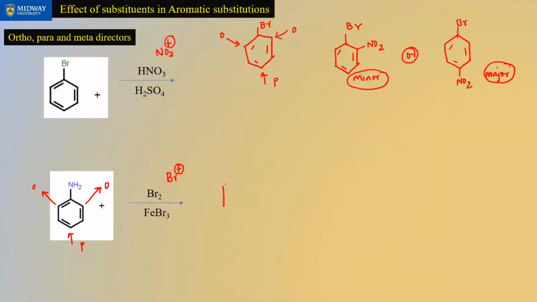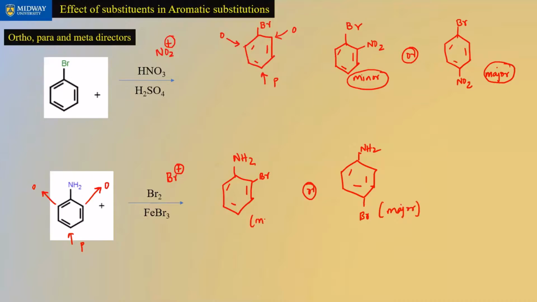So that means we can have 2 separate products here. We can have one of the ortho products, which is just adding a Br in this position, or we can add the Br in this position. As with the previous case, if groups are further apart, they're much more stable. So this would be the major product. This would be the minor product.